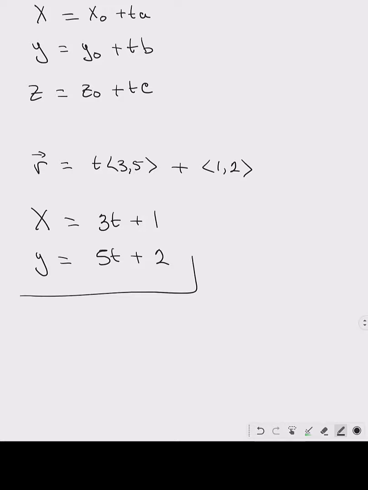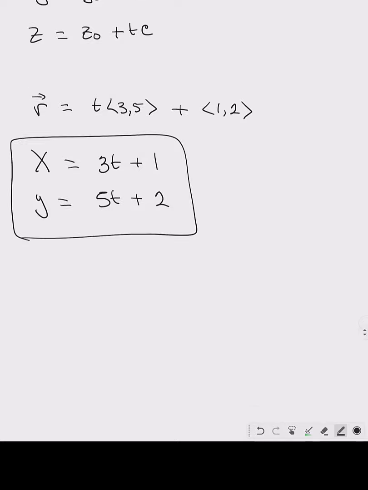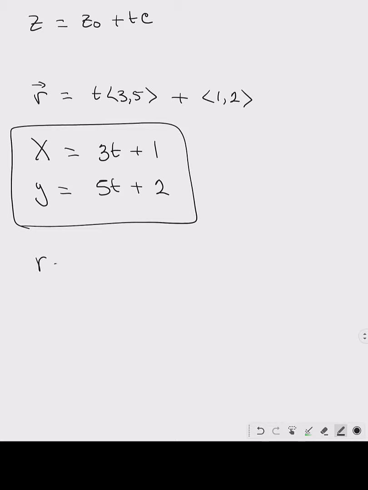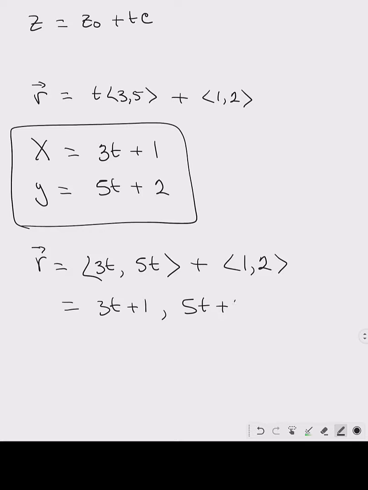Those would be my parametric equations. And if I wrote them out in the vector itself, I would have r equals 3t comma 5t plus 1 comma 2. And that is 3t plus 1 comma 5t plus 2, each component written out piece by piece.